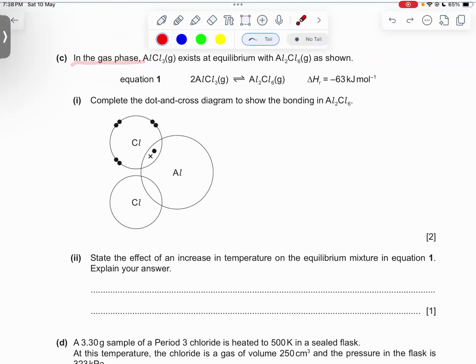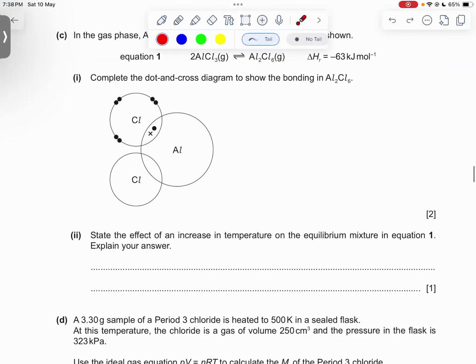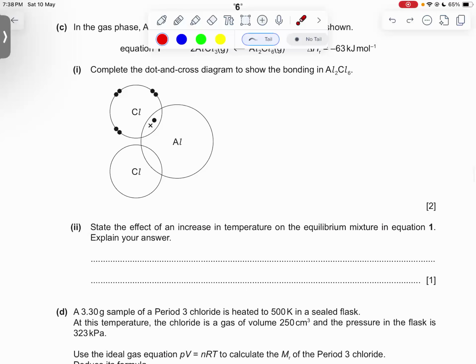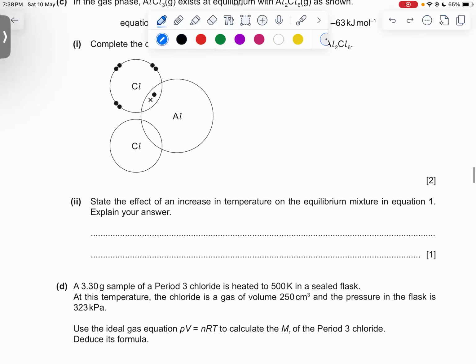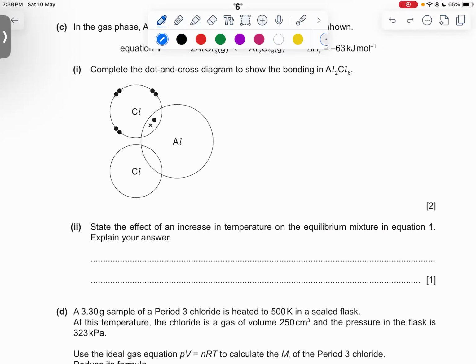In the gas phase, AlCl3 exists at equilibrium with Al2Cl6. Draw the dot and cross diagram to complete the equation. All right, so we want to draw the dot and cross diagram. So let's just draw a circle of this size because this is the size I want all the chlorine atoms to be. Okay, great.